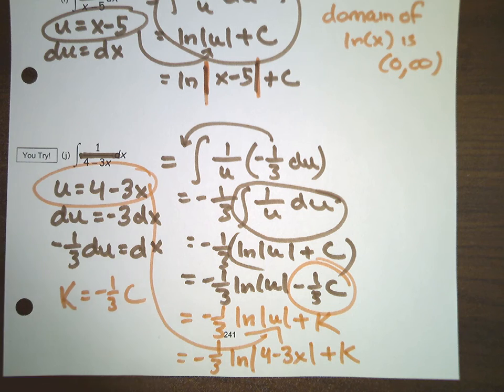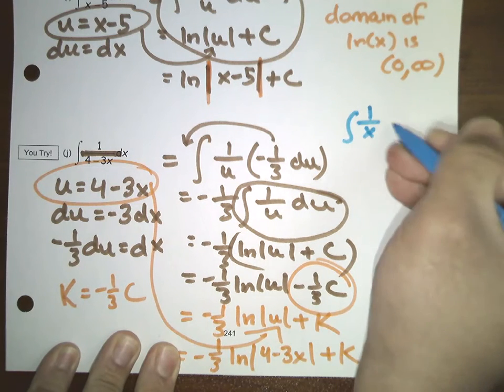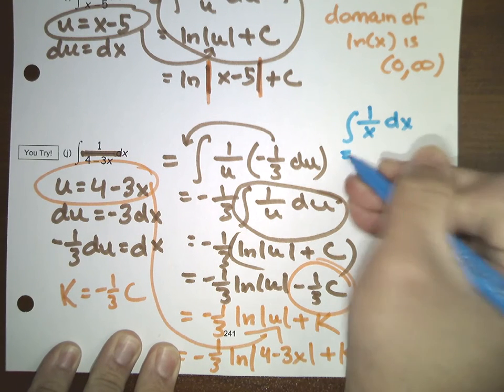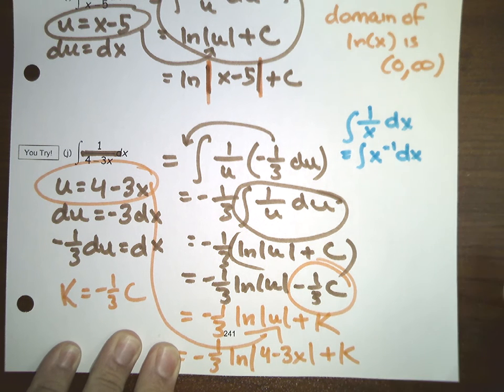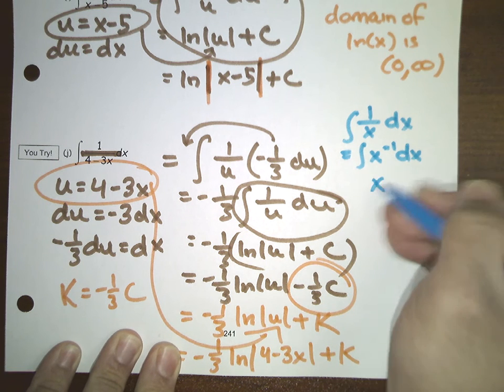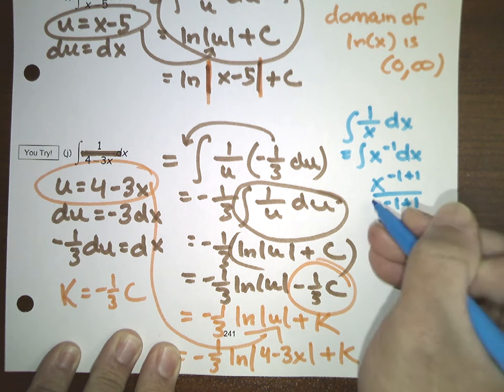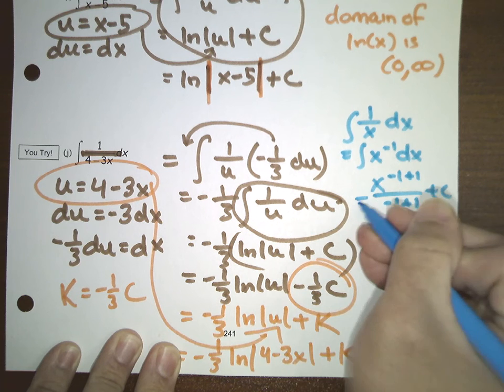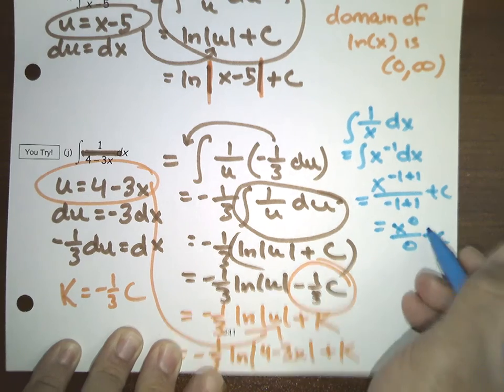But let's say that you had the integral of 1 over x dx, and then you wrote that as x to the negative 1 dx, and then you tried to use the power rule and add 1 and divide by the new exponent, then you would get x to the 0 over 0, and you can't divide by 0.